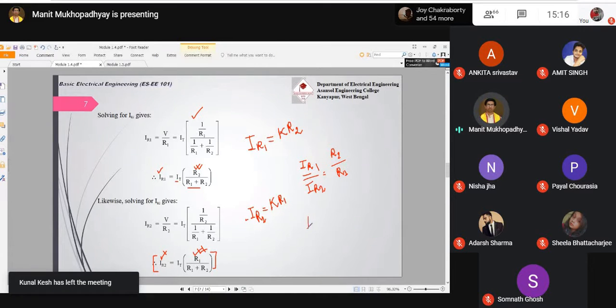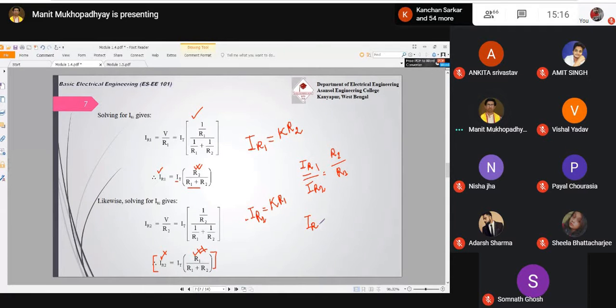That means we will say IR1 is proportional to 1 by R1. Okay, clear? So this one is the ultimate equation you need to generate.